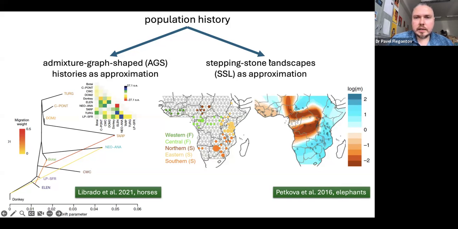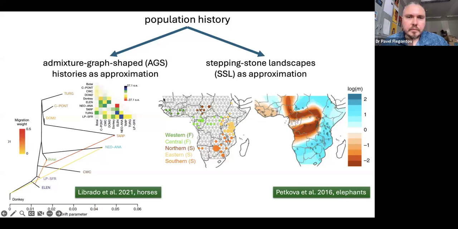And there's another way of thinking about history in terms of isolation by distance landscapes, or in terms of stepping stone landscapes, which are approximations of isolation by distance landscapes. For example, I'm showing pictures from this paper introducing a certain method working on isolation by distance landscapes, illustrated using genetic data for elephants.